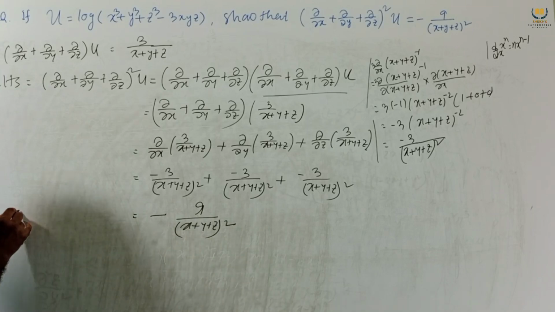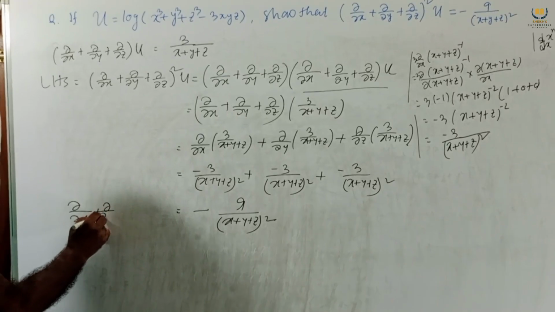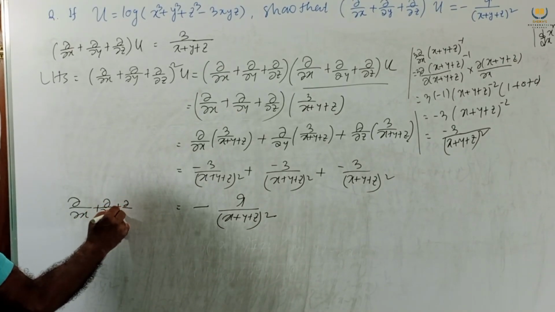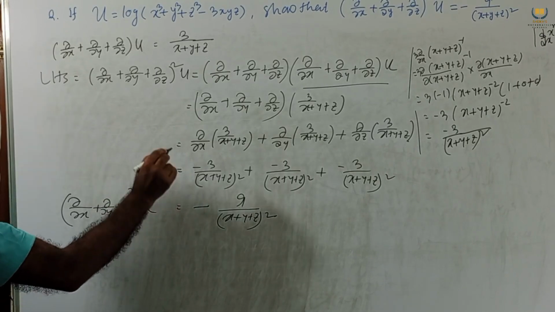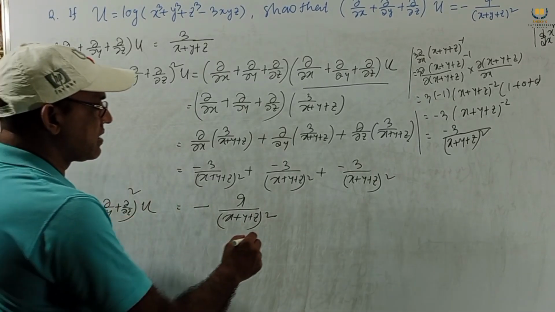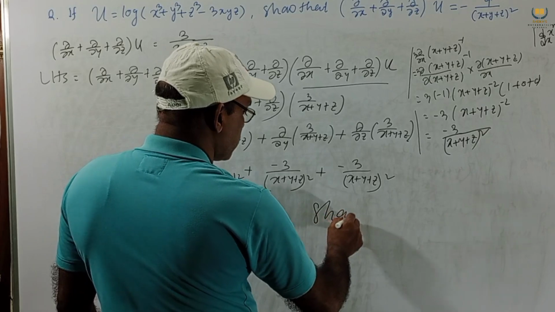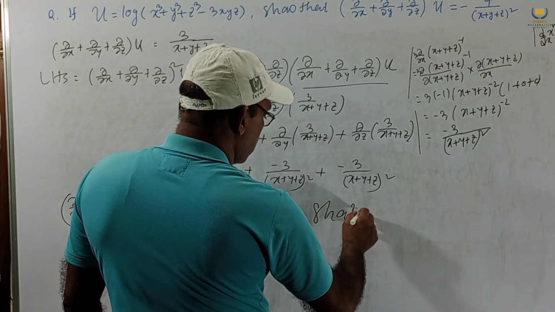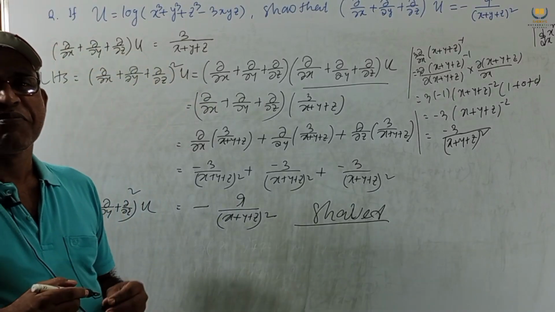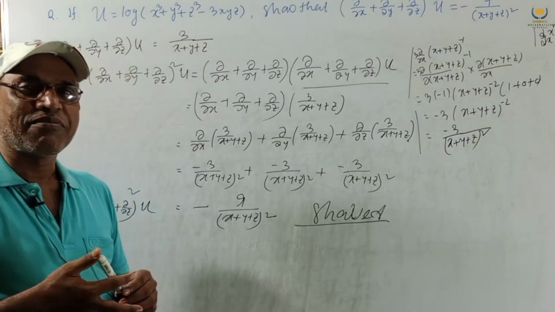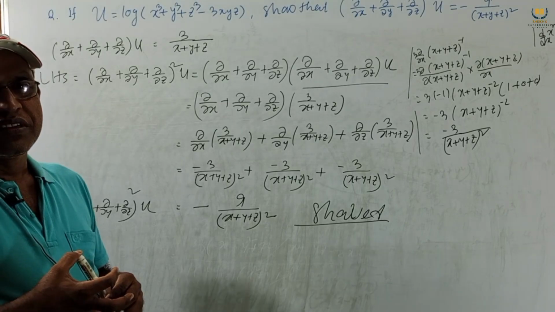And in our left hand side, del by del x plus del by del y plus del by del z whole square of u equals this, and this is our proof. This is our result. Very nice solution, very easy, very simple also.